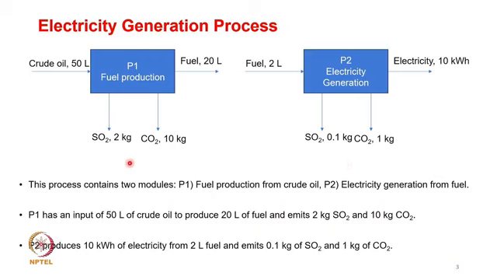In the first case, refining generates 2 kilograms of SO2 and 10 kilograms of CO2, while the electricity generation process, possibly due to improved efficiency and because you are consuming less fuel, results in only 0.1 kilogram of SO2 and 1 kilogram of CO2. Basically, you need to integrate these two modules together to get your final product.